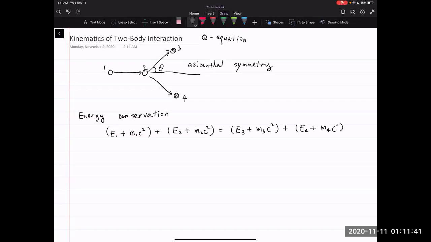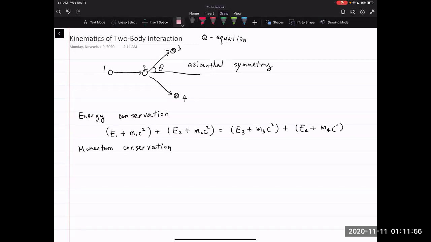And for momentum conservation, it is slightly more complicated because momentum is a vector.